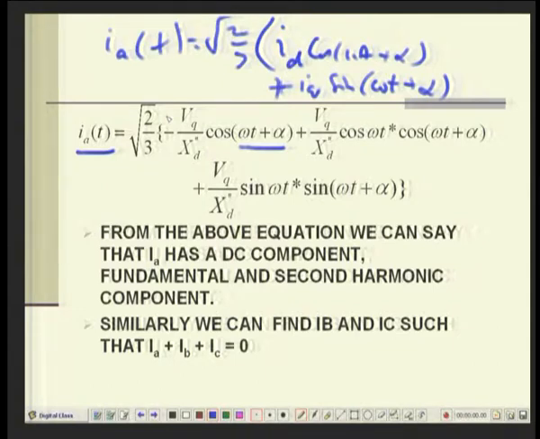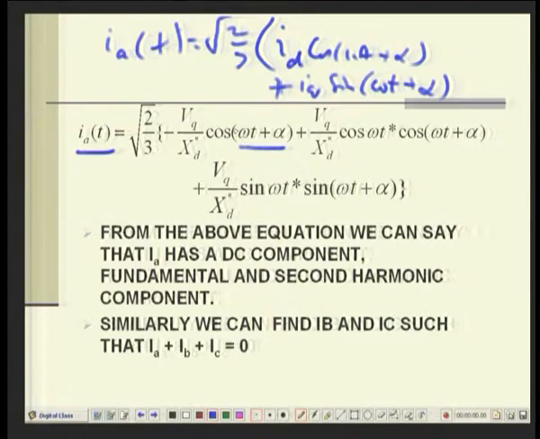See, dq are DC in steady state, when you go to ABC it becomes AC. So, you multiply this by cos omega t. So, the DC component will become a fundamental frequency component, but the AC component will become what? If you again modulate a sine wave with another sine wave, what will it become?